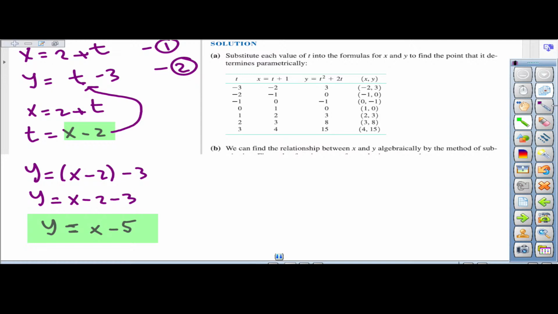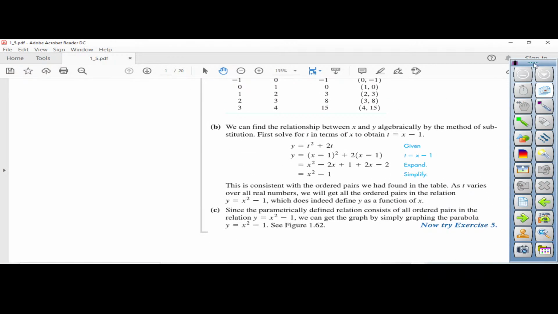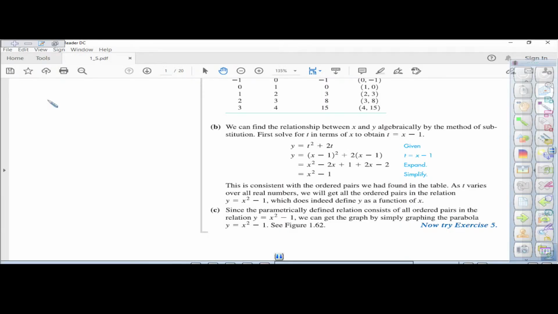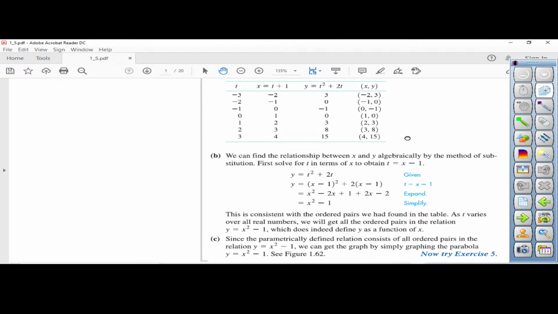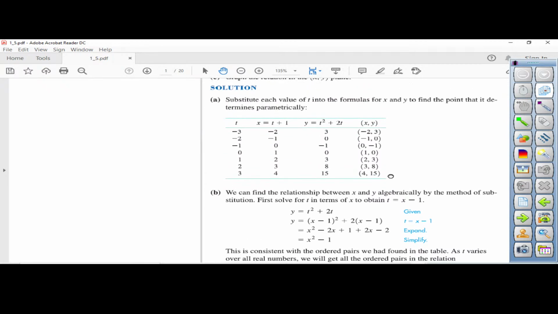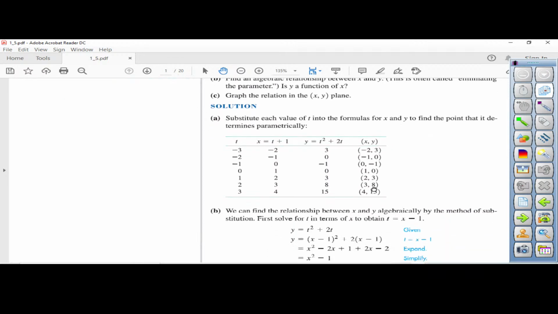Let me see, is it t plus 1? x equals t plus 1.